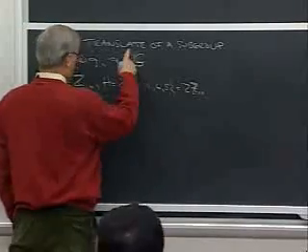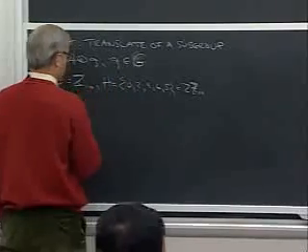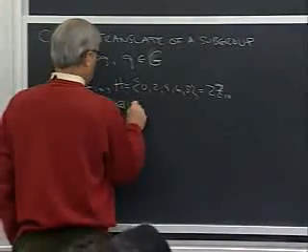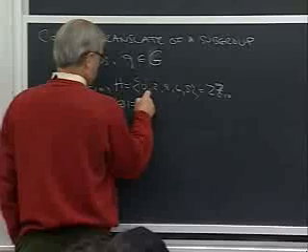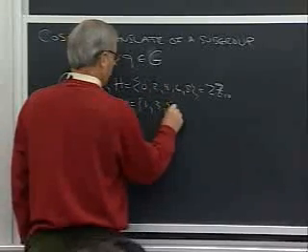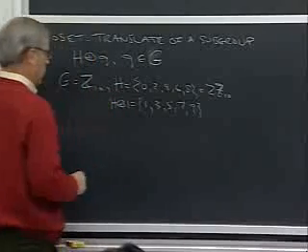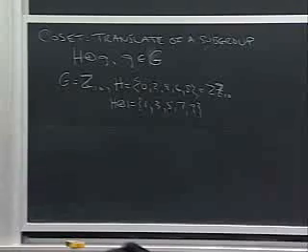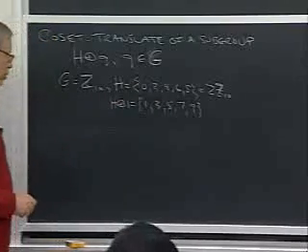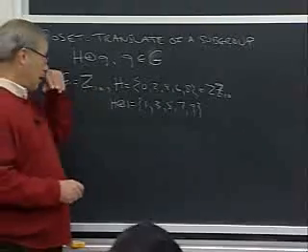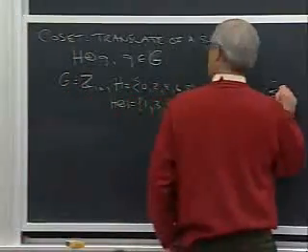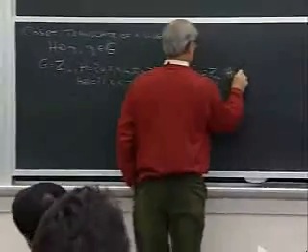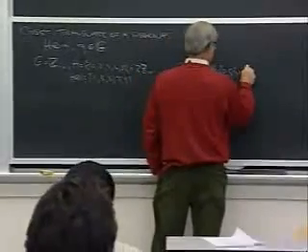If I add any element in this group to h, let's add 1, for instance, h plus 1 consists of the elements 1, 3, 5, 7, 9. Well, that's interesting. That seems to exhaust all of the elements of Z10.